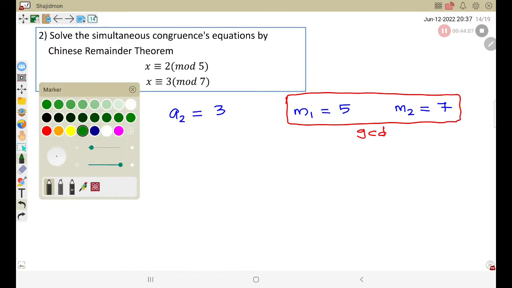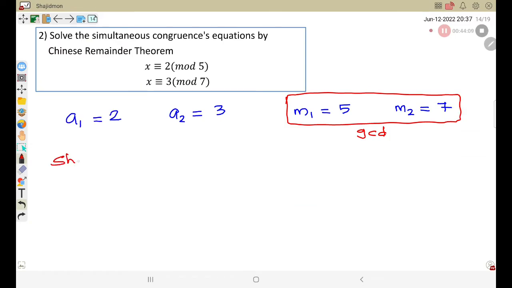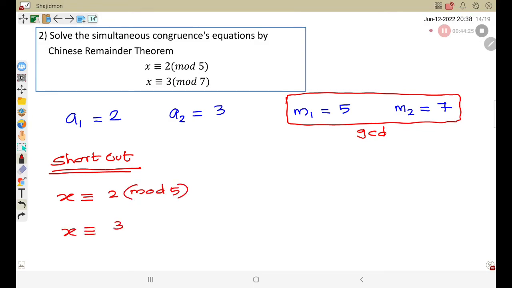See, I will do the shortcut here. This is only for checking the answer. So first x congruent to 2 mod 5. Second one, x congruent to 3 mod 7. So from these, what are the numbers?